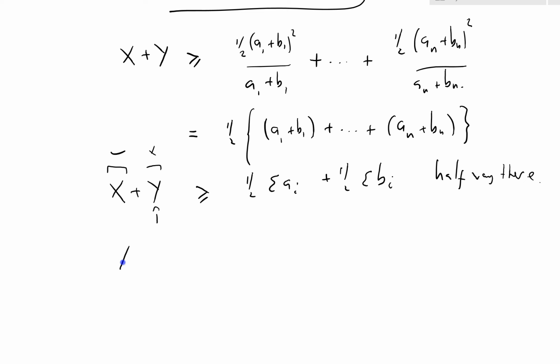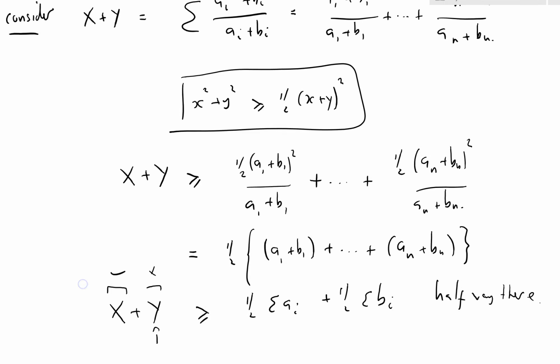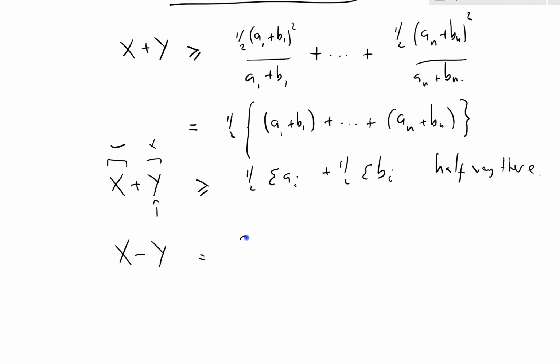I guess the other way to do it is to consider x minus y, which equals, well, let's see what it equals. Well, let's just bung it in. It's a1 squared minus b1 squared over a1 plus b1. See, this looks easier already.